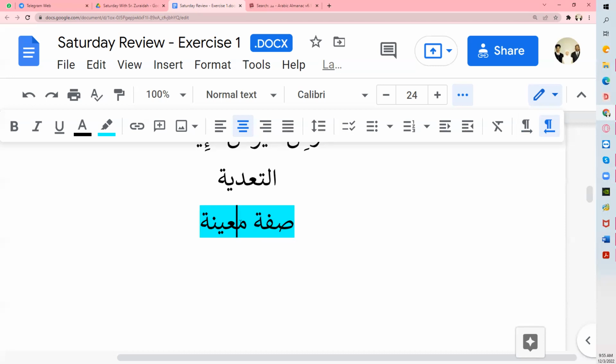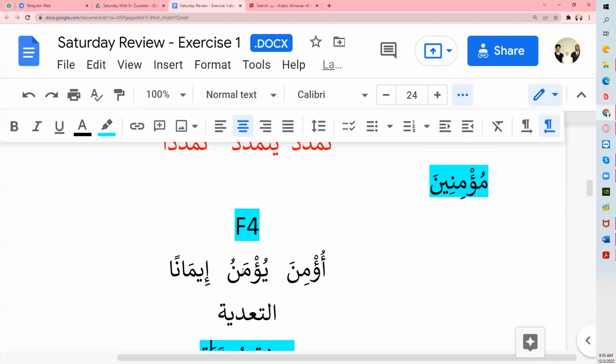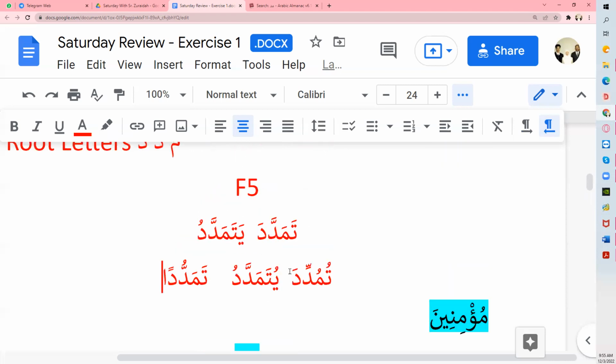We see something in them. It's from the root letters ain. So mu'ayyanah means you see a certain quality inside them, so we understand that they have iman. So now family 5. What is family 5?